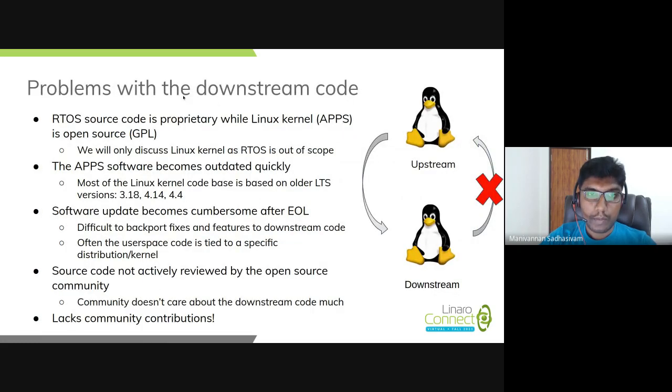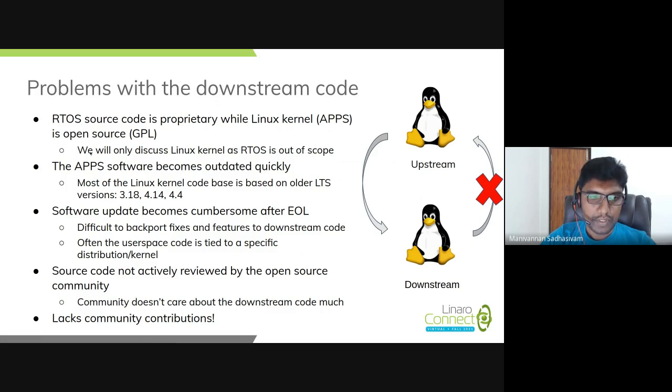All of the modems available in the market run the downstream code, and that comes with several problems. First of all, not all the source code is available publicly for auditing. Only the Linux kernel source code is available, whereas the RTOS source code running on the baseband processor is proprietary. And for this presentation, we'll only discuss the Linux kernel code.